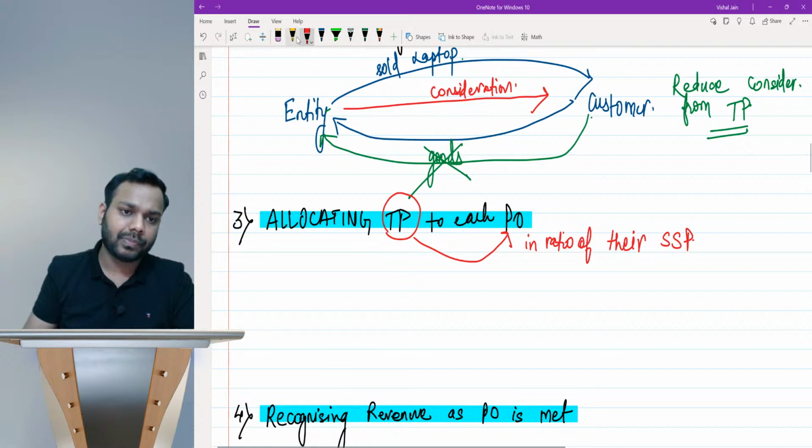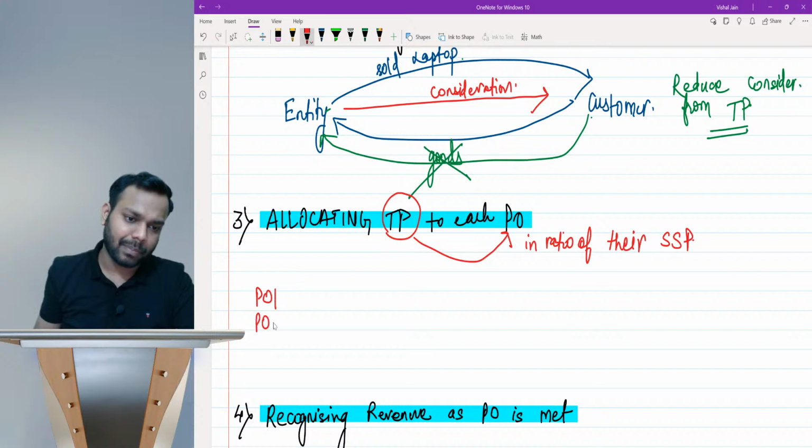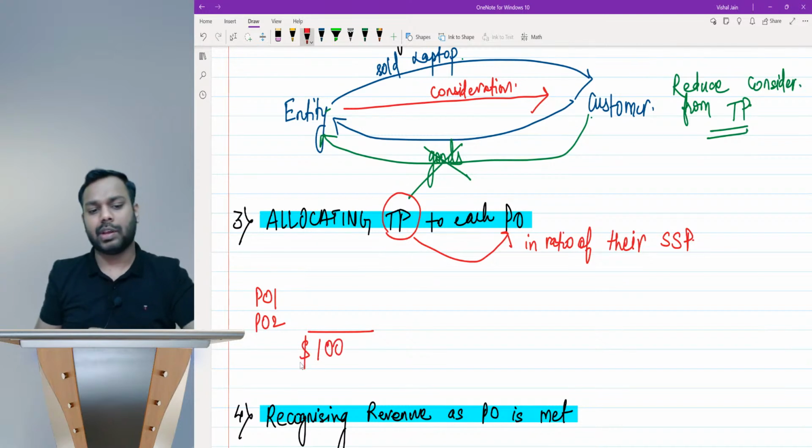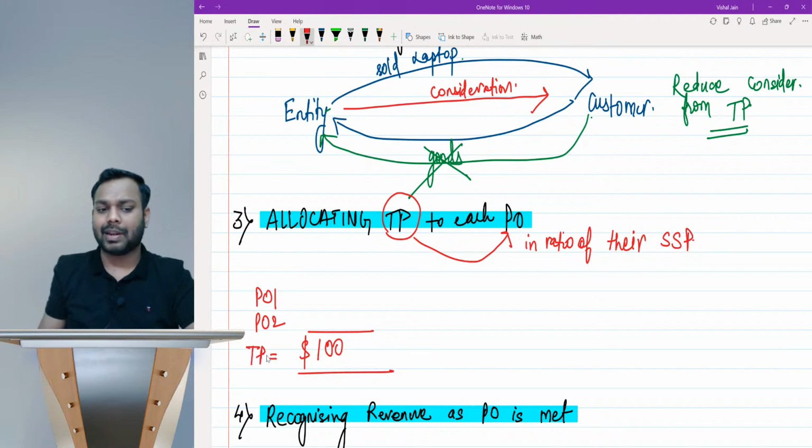Let's suppose there is performance obligation number 1 and performance obligation number 2, and both of them are being sold together at a price of $100. So this becomes my transaction price.